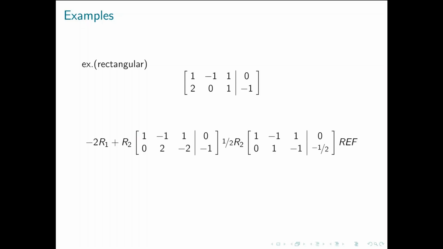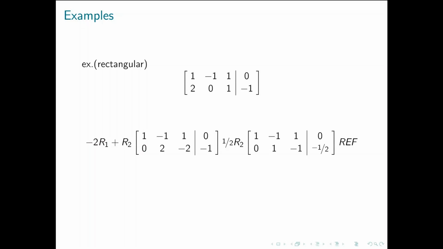So to take this to row echelon form, well, first I should say that the main diagonal is not a concept that's entirely applicable to non-square matrices, but in this case, we think of the main diagonal as being the upper left entry, the first entry of row 1, and then the second entry of row 2.